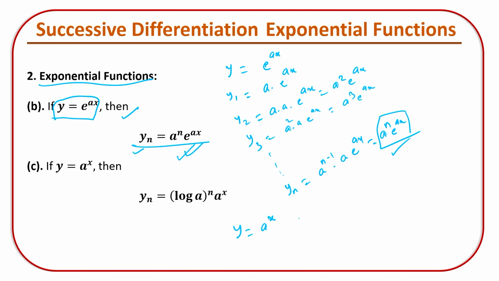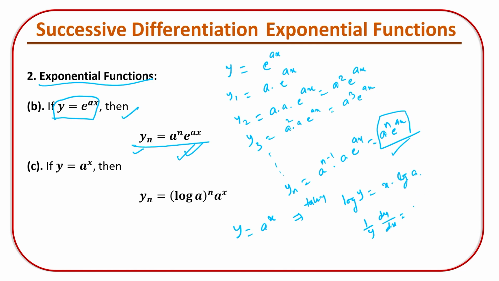So taking logarithm on both sides gives ln y equal to x into log a, right? And then 1 by y dy by dx is equal to how much?